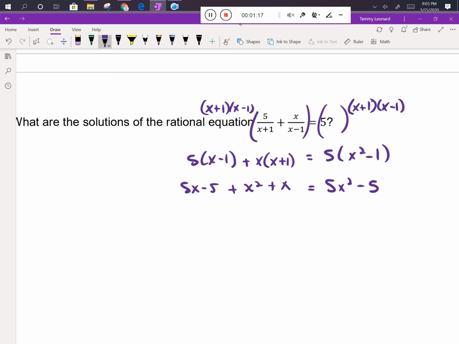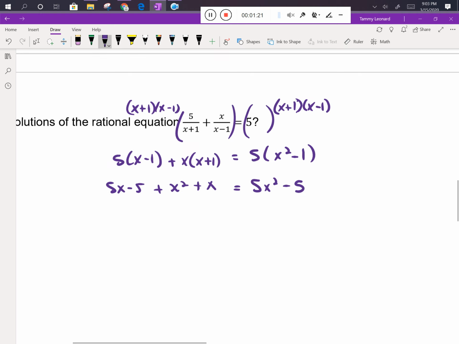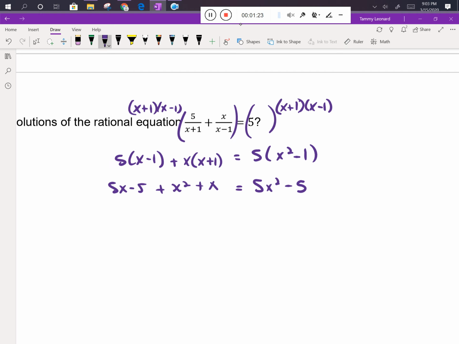Now, this looks like it's going to be a quadratic equation, so we're going to get everything on one side of the equal sign. Just because I have positive x squareds over here, I'm going to go to that side. So subtracting the x squared, I have 4x squareds. Here I have an x and a 5x, so that's 6x, so negative 6x. And then when I add that 5, the 5's will actually cancel.